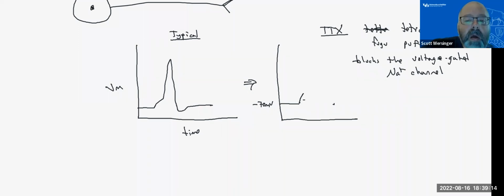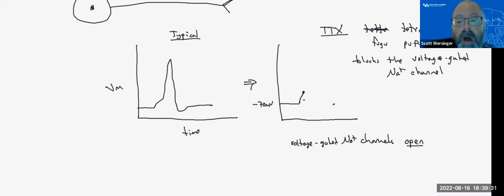Now, the voltage gated sodium channels would open up. But because they're clogged, no sodium comes in.